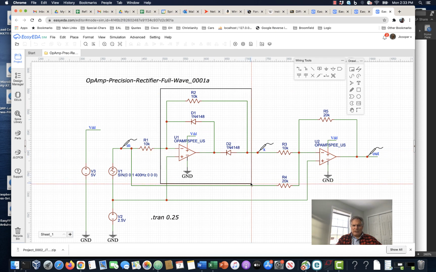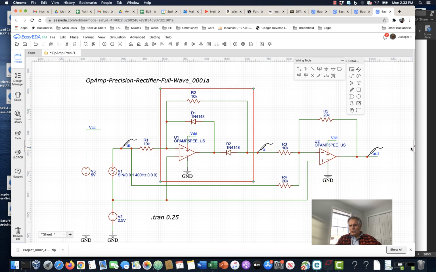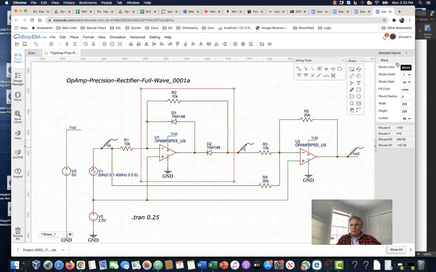We'll put a rectangle right around here. I'm going to call that, where's my, and then I'm going to put another rectangle right around this guy.